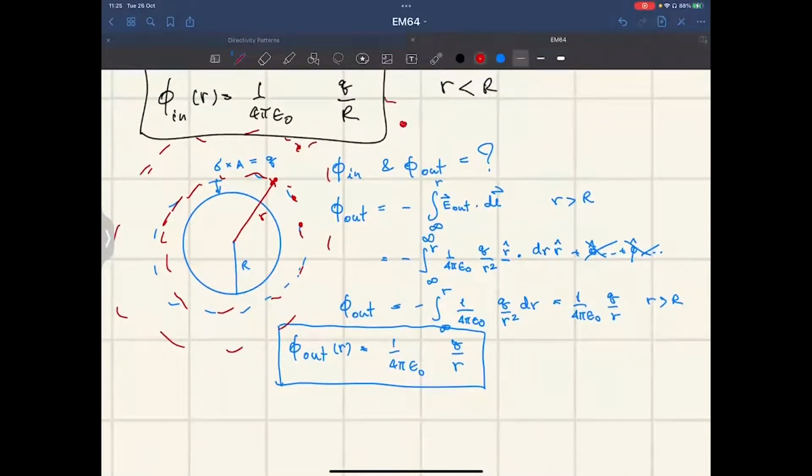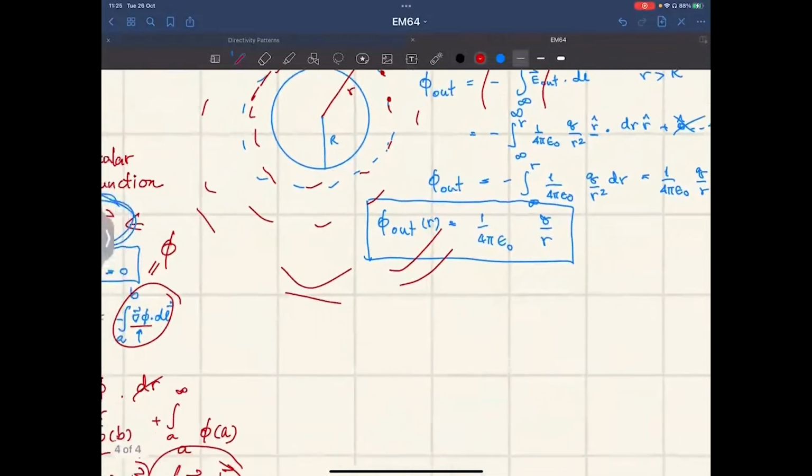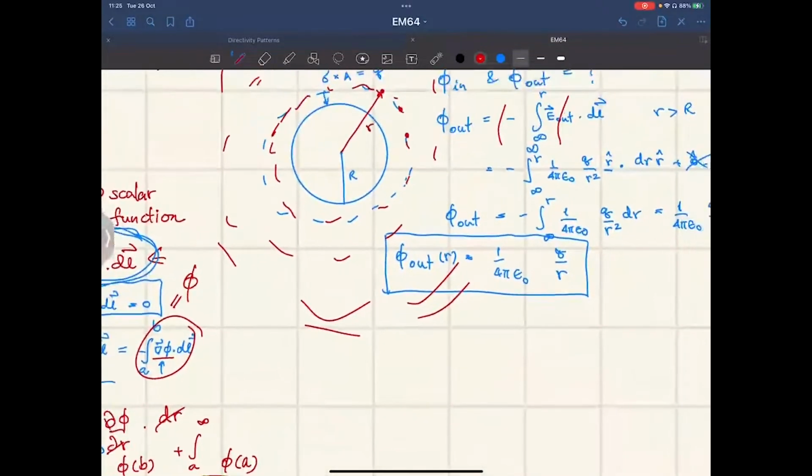If you want to find it here, you just draw it bigger. It depends on where you want to find it. It can be any r. It can also be inside for the potential inside too, right? But the electric field inside is 0. Okay, now we come back to the potential inside.